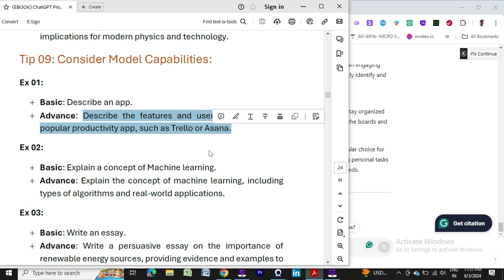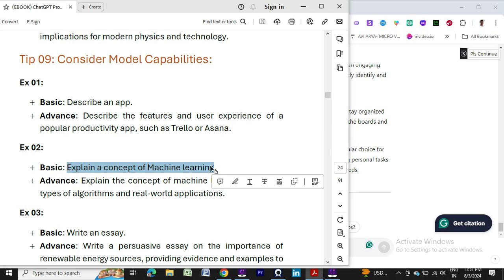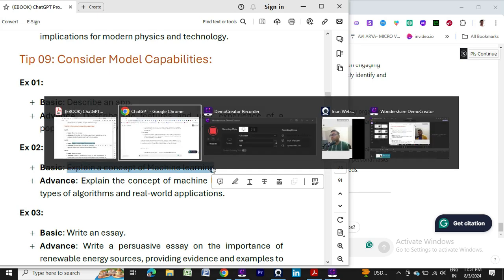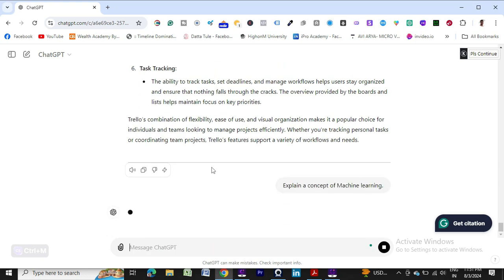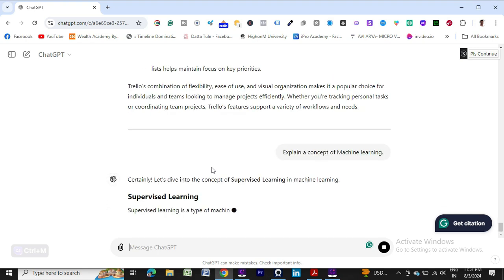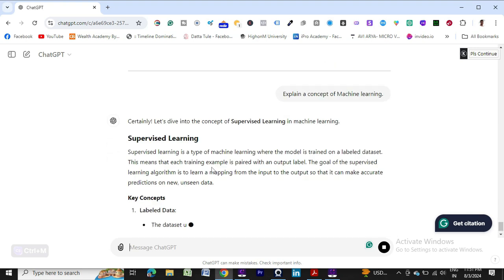Okay, now the second thing is, again I will ask this: explain the concept of machine learning. Suppose this example, I will go and here I will ask to explain machine learning. It will provide informative ideas of what machine learning is, how it works, and all these things.